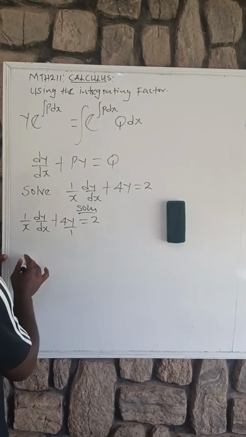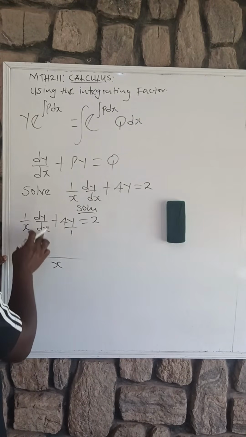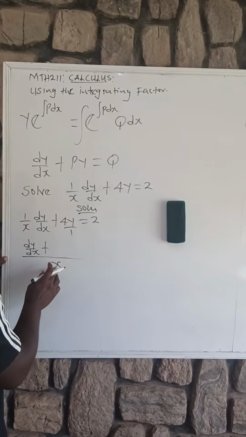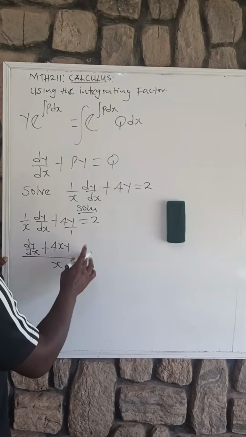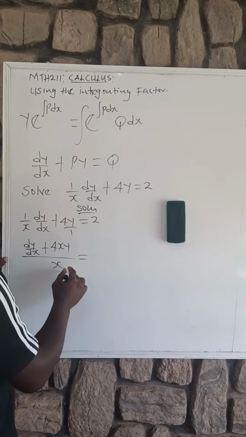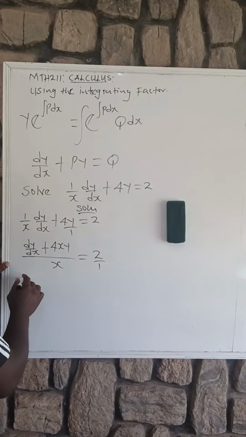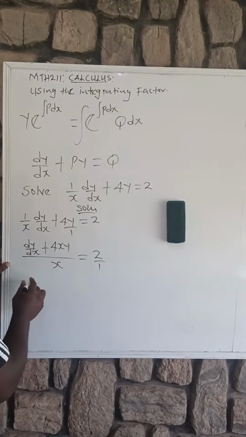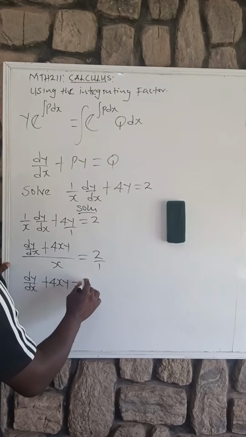So x over x times 1 times dy over dx is dy over dx, then plus x over 1, x times 4y, 4xy, equals 2. Now we cross multiply, x to multiply the right hand side. We are going to have dy over dx plus 4xy equals x times 2, which is 2x.